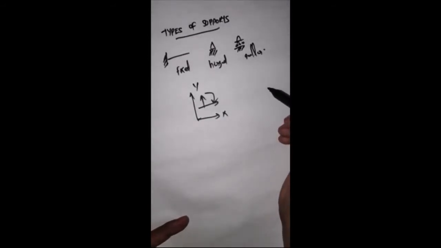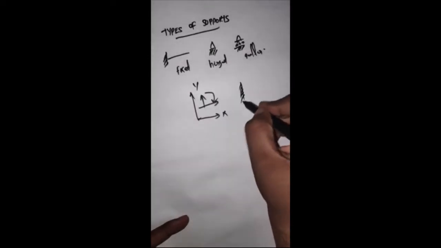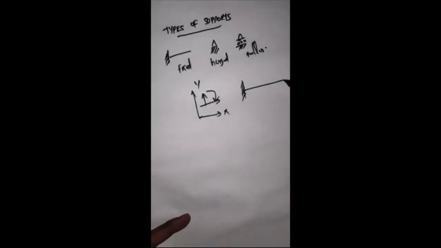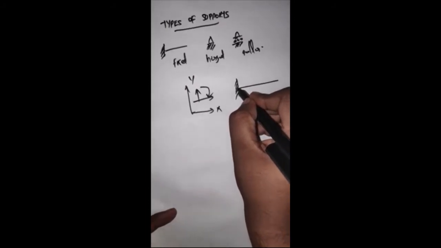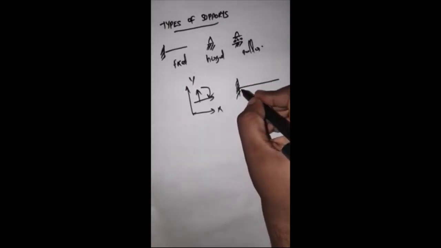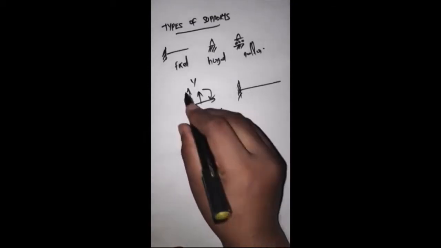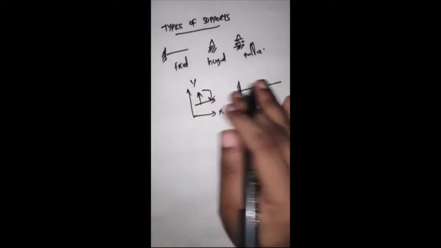Now if we are having a support like this, this is a fixed support and this is a free end. Any point in a two-dimensional frame can have three types of movements.